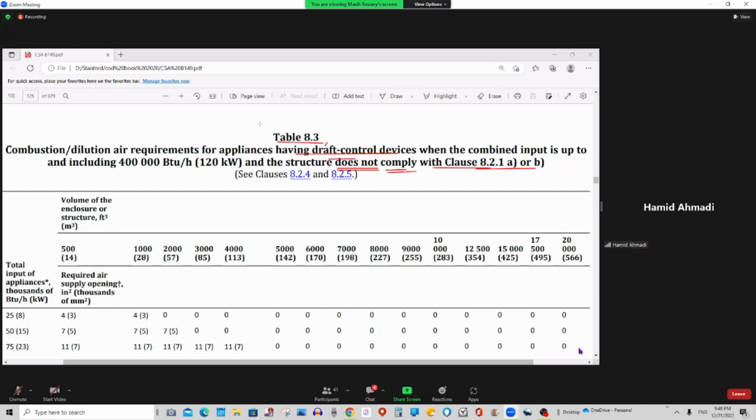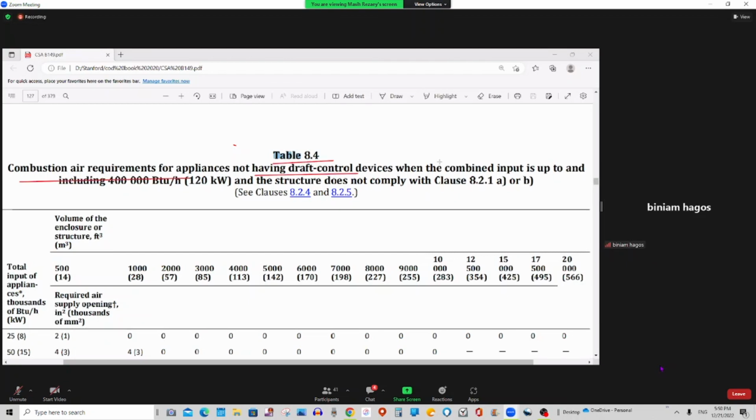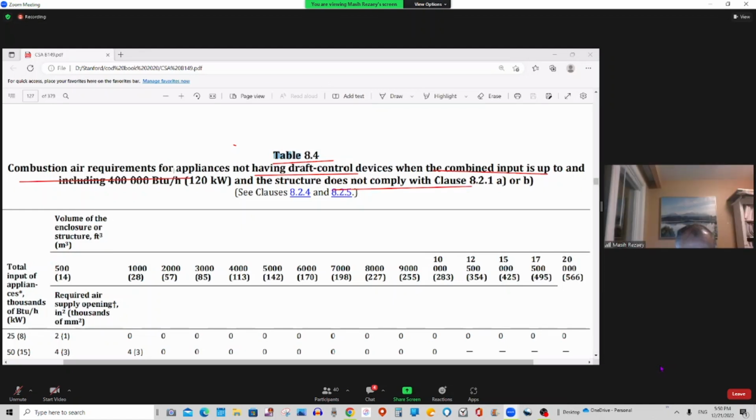Okay, thank you. Mr. Benyam, would you read this table 8.4, please? Combustion air requirement for appliances not having a draft control device when combined input is up to and including 400,000 BTU, and the structure does not comply with clause 8.2.1 A or B. Look at this, sir. Combustion air required for an appliance not having draft control.